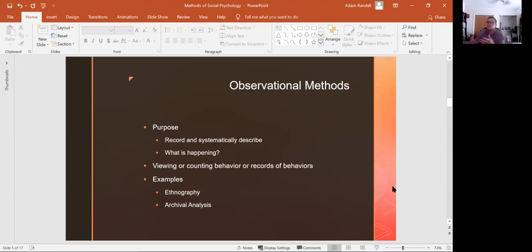Sometimes, because of the nature of those cultures, we have to disguise the fact that we're an observer. We have to act like we're actually a member. But whether it's disguised or not, when we're observing a group from the inside, that's an ethnography. We're going and joining the group.